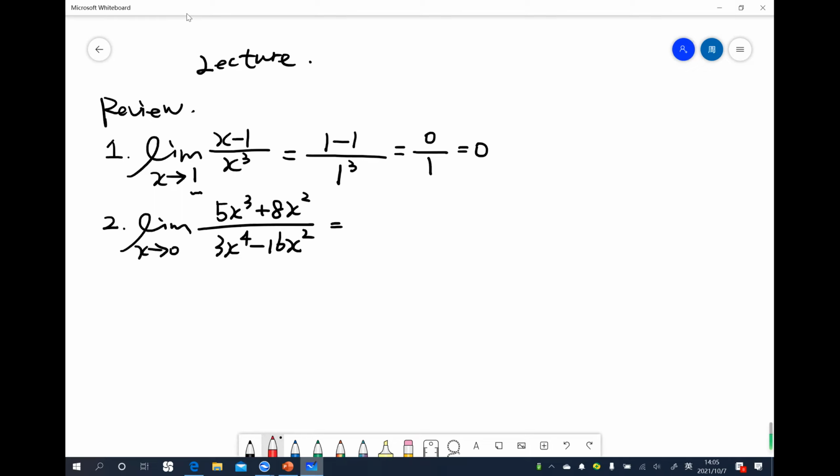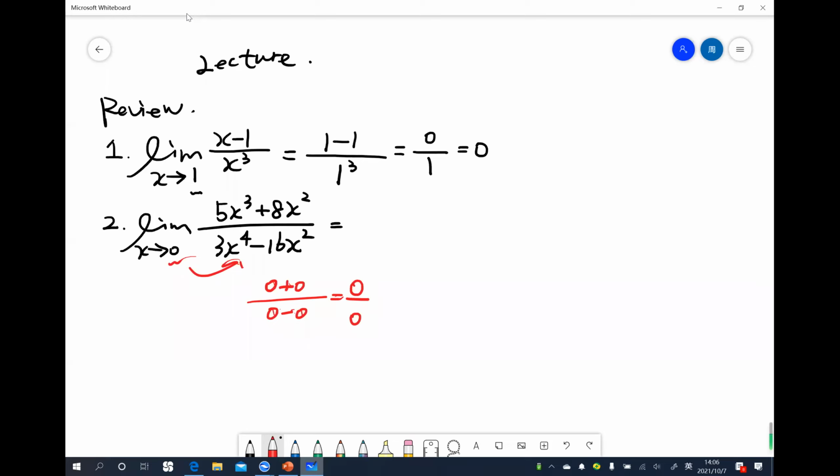You can try it. You will find that it is 0 plus 0 over 0 minus 0, right? So that equals 0 over 0.